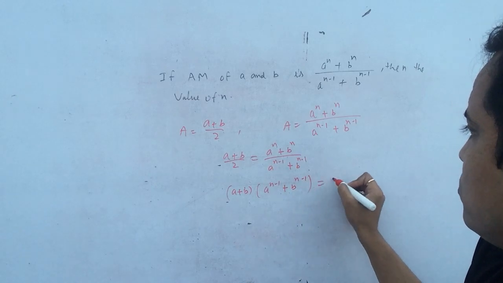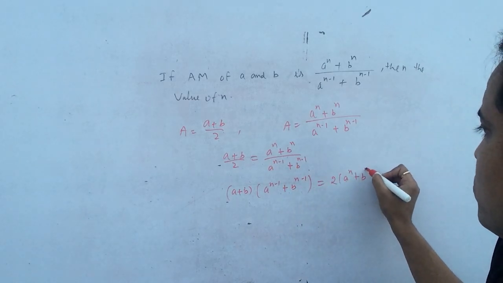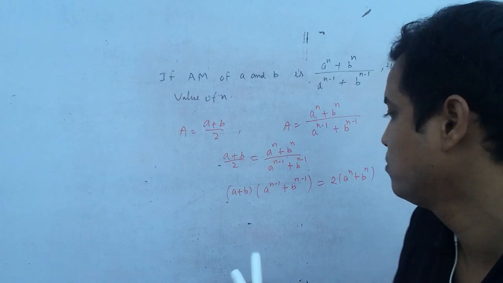So (a plus b) times (a raised to power n minus 1 plus b raised to power n minus 1) equals 2 times (a raised to power n plus b raised to power n). Now what would you do?